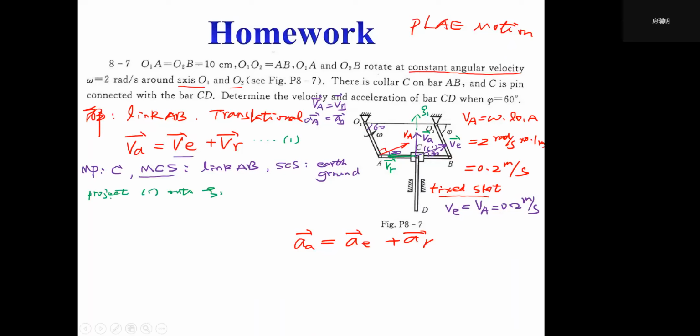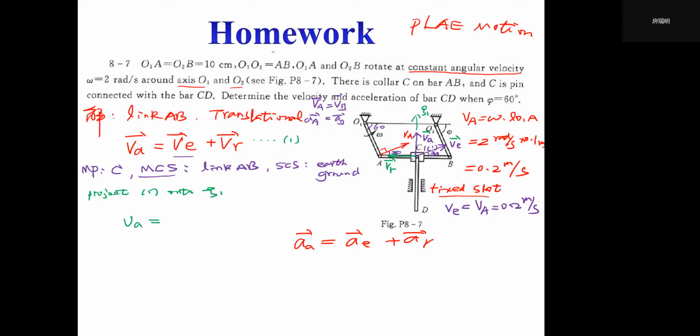When we do this projection, we shoot from left to right. So VA is on the axis, so we just write its magnitude like VA. We just draw its equal sign here.